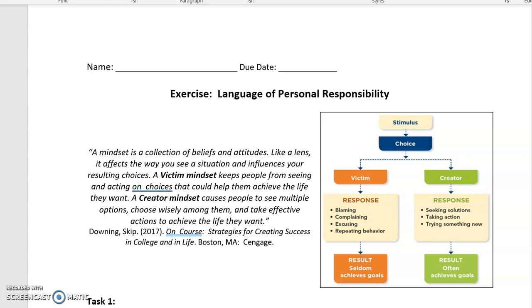And victim mindset usually does not allow us to achieve our goals. If, however, we look at that choice through the creator mindset, we would seek solutions, take actions, and try new behaviors, which often allows us to achieve our goals. So again, victim and creator is similar to growth and fixed, but in this case, we're using this mindset to see how we respond when we have choices in life.